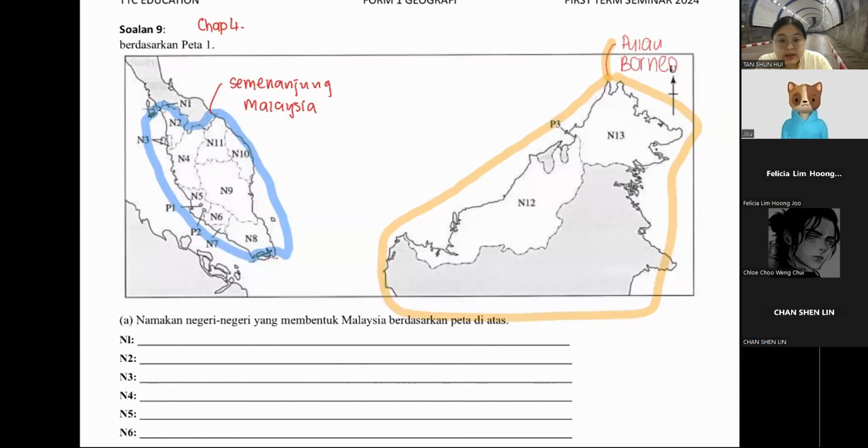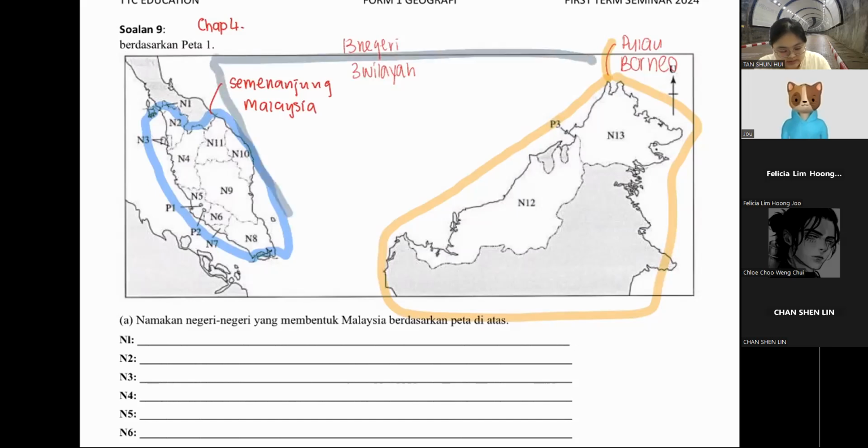And you need to know, how many states do we have in Malaysia? We have 13 negeri and 3 wilayah. Okay. Now, just a recap, we are surrounded by laut.